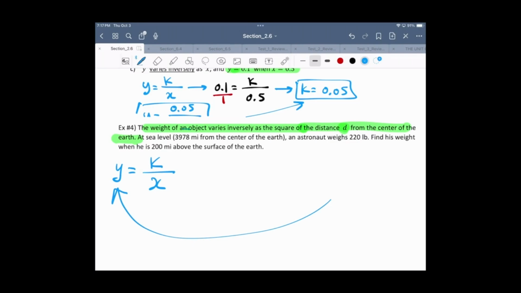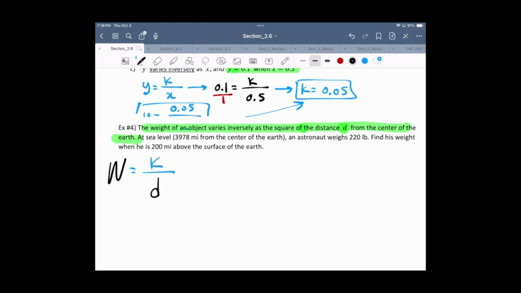Based on what I've highlighted in green. Weight depends on distance from the center of the earth. So let me replace y with w like that, and I will replace x with d. Right? So our variables make sense. And so instead of x, I have d.